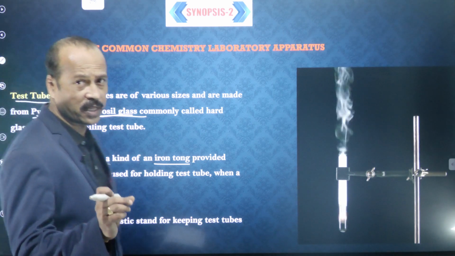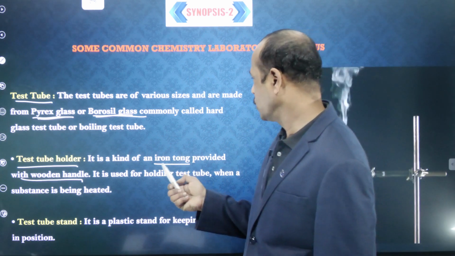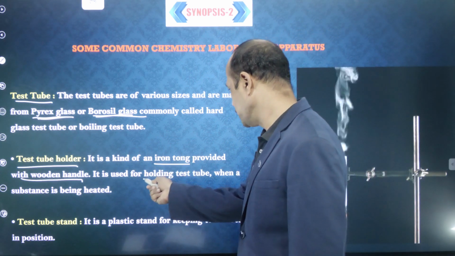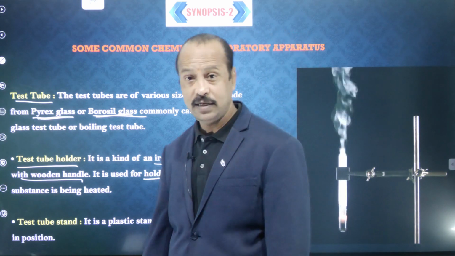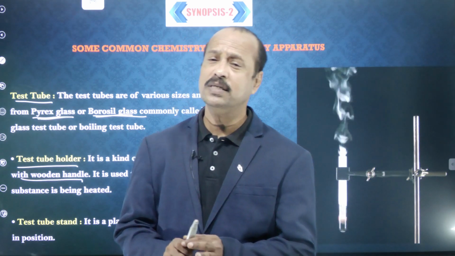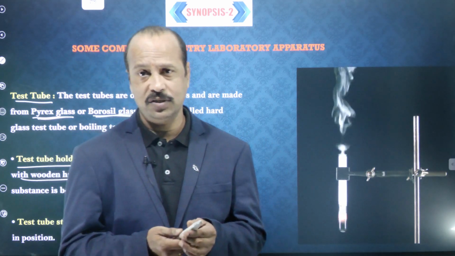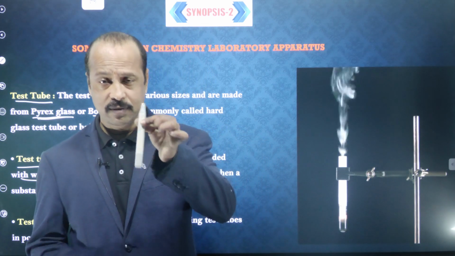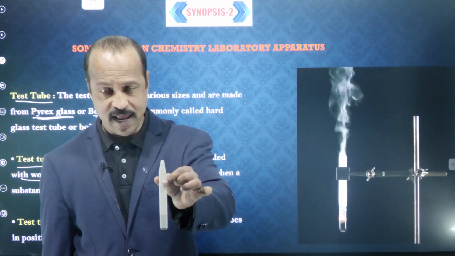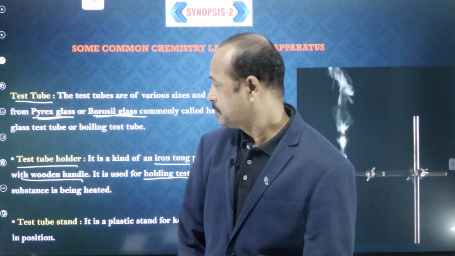It is used for holding the test tube when a substance is being heated. Not only heated, but also while doing some experiments like exothermic reactions, it is not safe to hold the tube directly in our fingers or hand. So it is better to use the test tube holder.